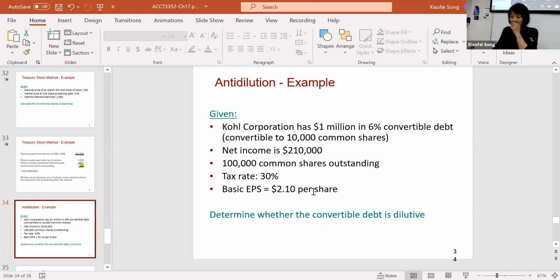You have a complex capital structure because you have a convertible debt here, which is a potentially dilutive security.